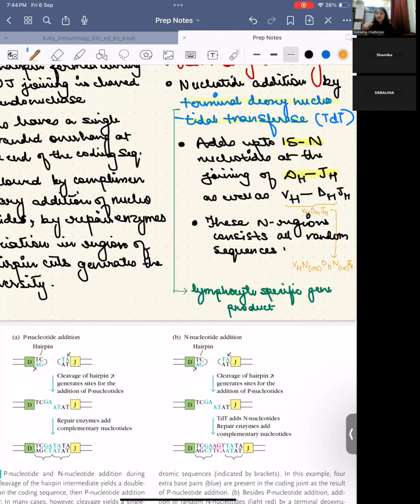So that is why, if you remember from all our previous classes, 90% of the cells actually die, because the combinations can be reacting to self. If you remember, in the germinal center, the follicular dendritic cells have certain antigens.